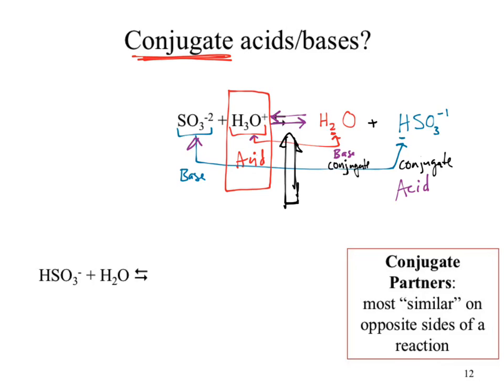So our acids and bases are typically referenced only on the left-hand side of the equation, and our conjugates are on the right-hand side of the equation. Okay? It is a way to clarify the system. That's the point of the word conjugate. It's allowing us to see that. Identifying the relationship is just looking at it and saying which structure looks the most similar. They're conjugate partners. Kind of makes sense?